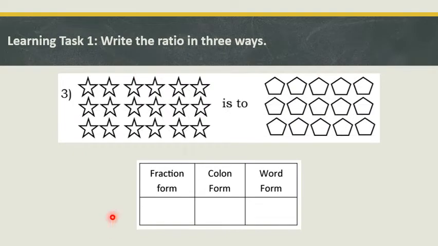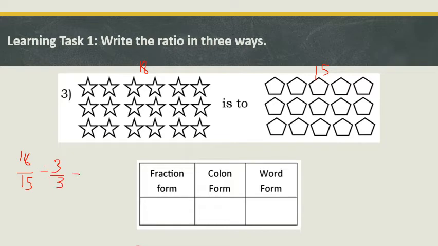Now, we have stars to pentagon. So, ilang stars ang meron tayo? 1, 2, 3, 4, 5, 6. 1, 2, 3. So, ito ay 18. And ang atin pong pentagon is 15. So, we have 18 is to 15. So, ang 18 and 15, pwede natin i-divide sa 3.